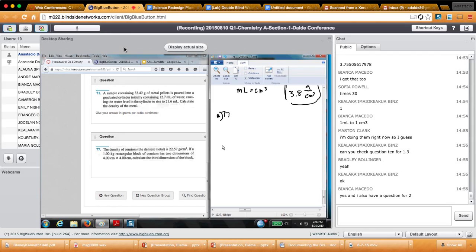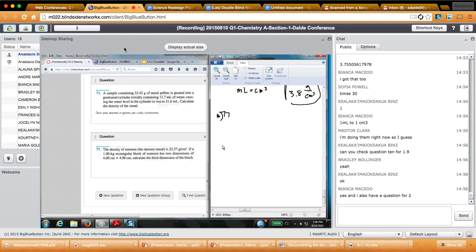All right. The density of osmium, the densest metal. I've worked with rhenium, and that's the second densest metal. Anyway, the density of osmium is 22.57 grams per centimeter cubed. If a 1 kilogram rectangular block of osmium has the dimensions of 4 centimeters by 4 centimeters, calculate the third dimension of this block.